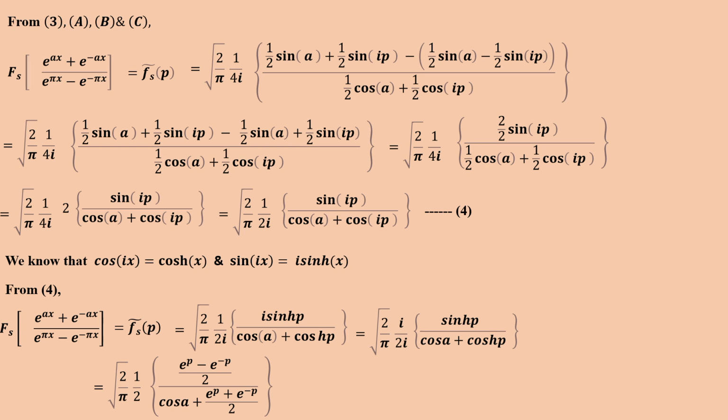Similarly cosh p is e^p plus e^(-p) by 2. We are using these hyperbolic formulas in exponential form, the relation between hyperbolic and exponential.